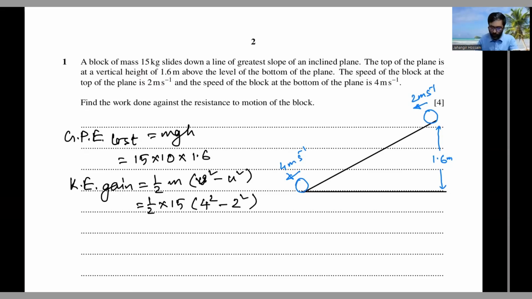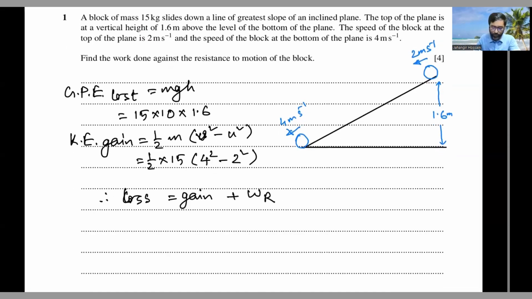Then we need to find the work against resistance. So if we apply the work and energy principle here, we'll have GP loss equal to KE gain plus work against resistance.